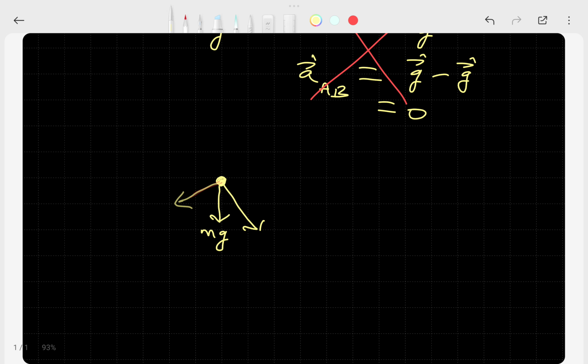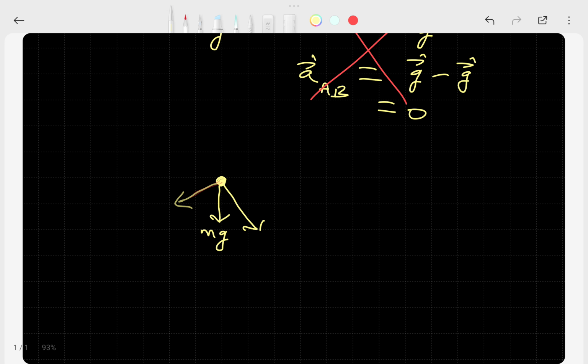So if you see, the first one was 60 degree, so this is 30 degree. This was, if I remember, your mg sin 30 degree, and this was mg cos 30 degree. So this mg sin 30 degree is balanced by normal. If you see here, this will be your normal.